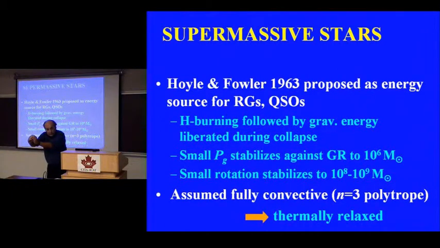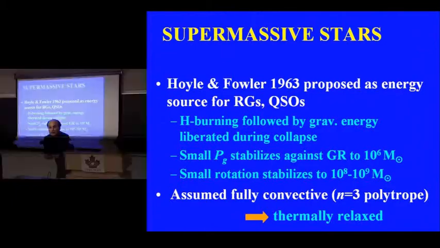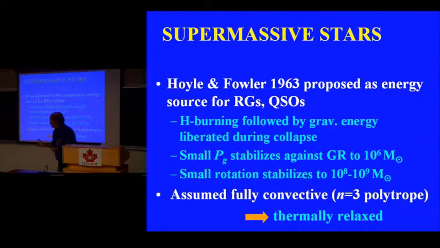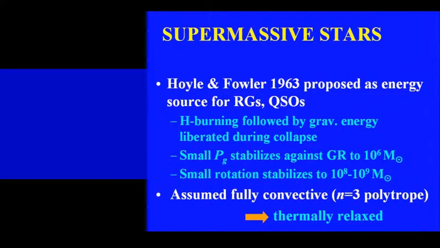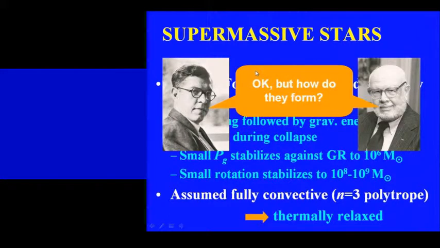You're only producing this energy, however, in a very small region at the center of the star that contains a small fraction of the mass, and therefore, to get that energy from the center to the outer layers, the stars have to be highly convective. So massive stars are essentially fully convective, and that means they're very easy to model. They are n equals 3 polytropes. They have equations of state where the pressure goes like density to the 4/3, and you can just write down the entire structure in a very simple form.